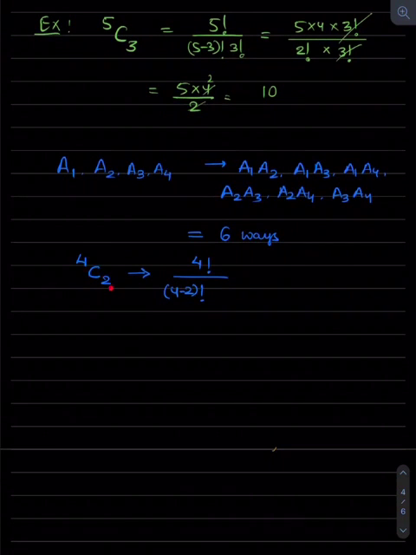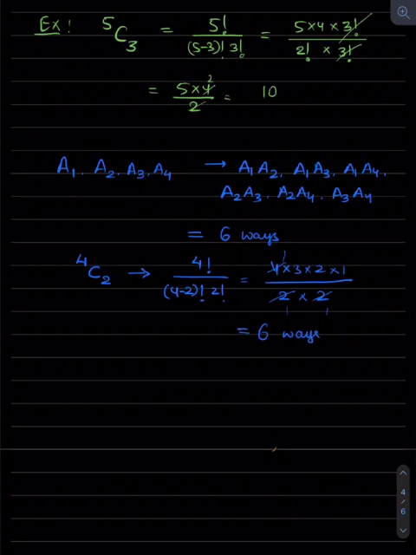So this is 4 factorial upon 2 factorial into 2 factorial. 4 factorial is 4 into 3 into 2 into 1, and 2 factorial is 2, the other 2 factorial is also 2. 2 twos are 4, cancel. So this is 6. Here also we got 6 ways.